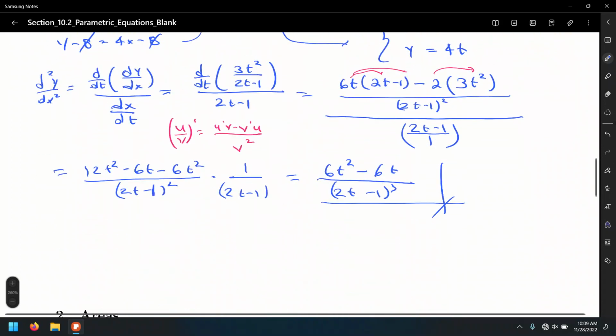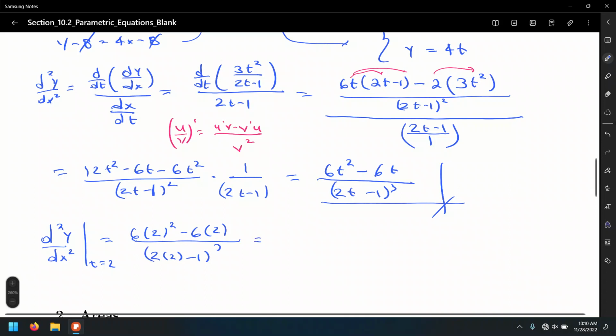So evaluate the second derivative at t equals 2. That is, 6 times 2 squared minus 6 times 2, divided by 2 times 2 minus 1 quantity cubed.